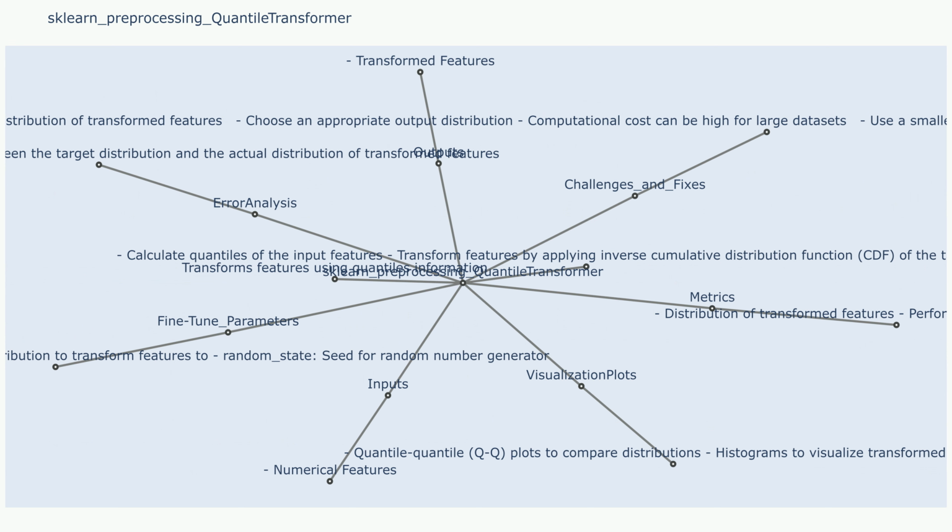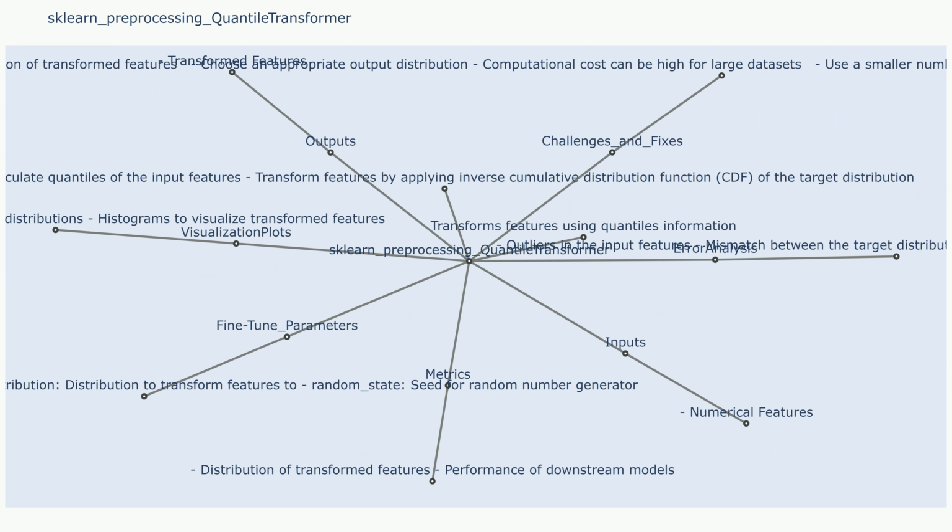Metrics: quantile scores. The quantile scores after the transformation can be used to assess how well the desired distribution is achieved. Distribution plots: visualizing the distributions of the features before and after the transformation can provide insights into the effectiveness of the quantile transformer.